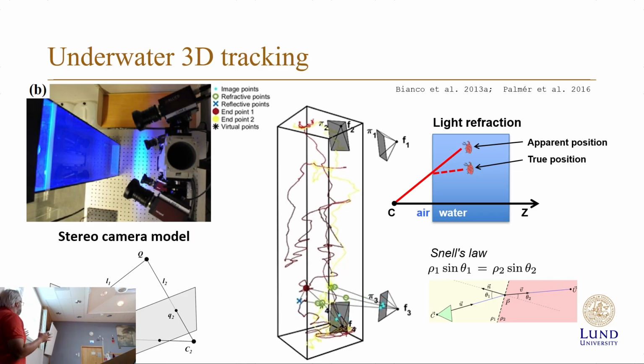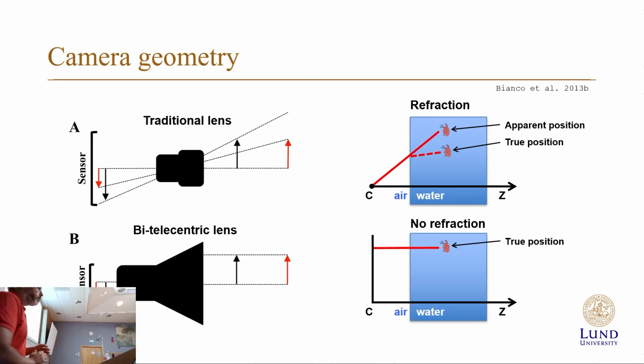We can make things simpler if we can use a smaller volume. In that case, we can, for instance, use telecentric lenses, which are lenses that have the entrance and the exit iris at infinity.